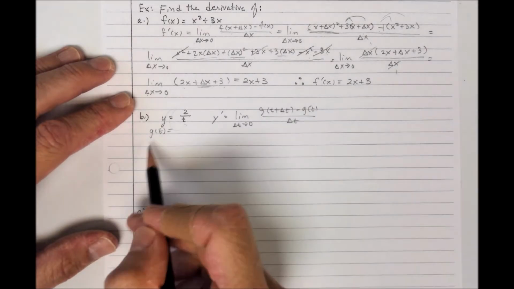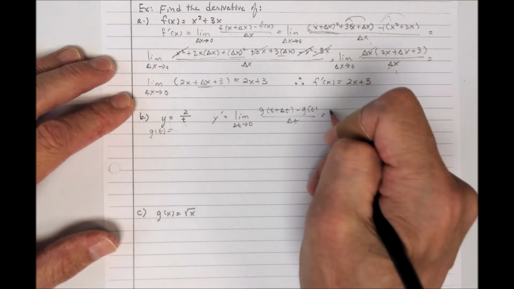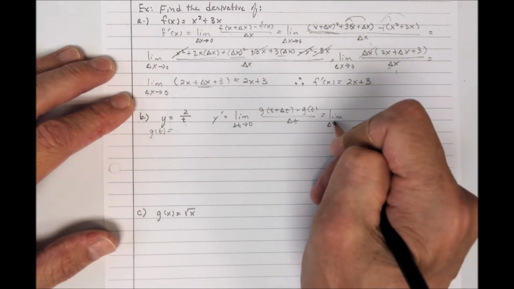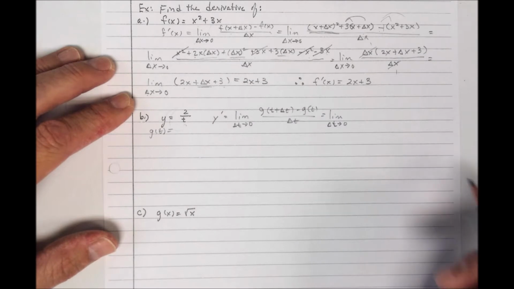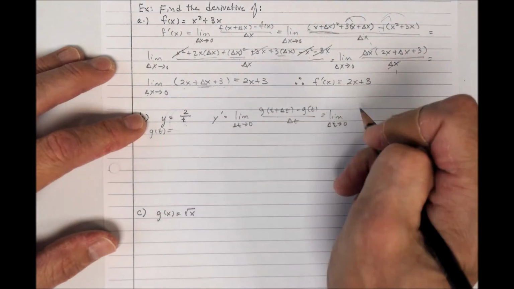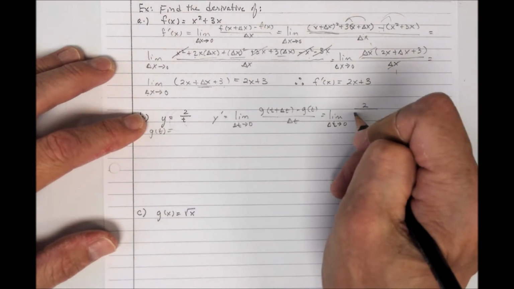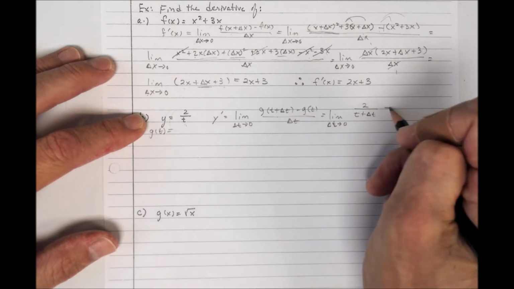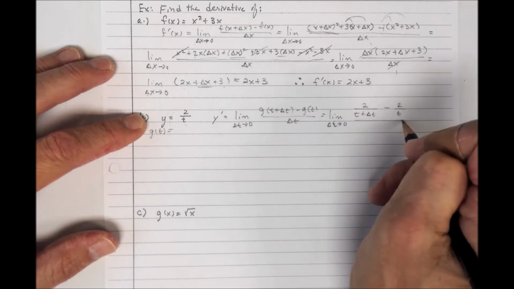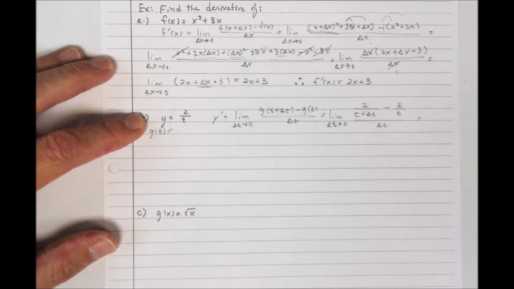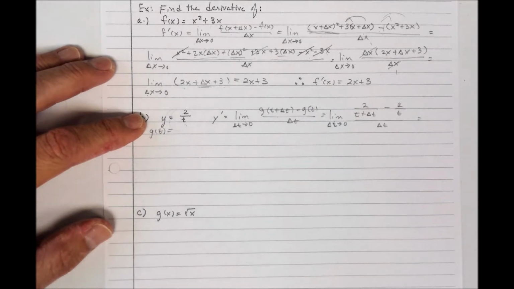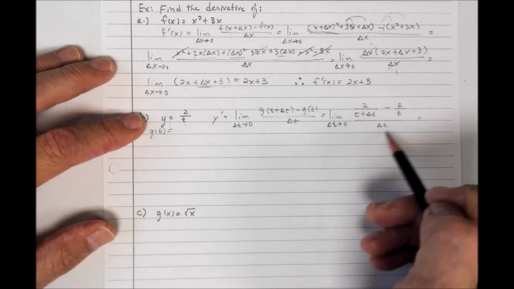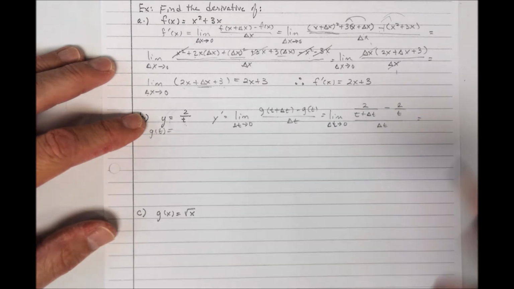So just to keep the notation straight here, this is the limit as delta t goes to 0 of 2 all over t plus delta t minus 2 over t all over delta t. Now, you have a complex rational expression. You have fractions in the numerator. I'm going to multiply the numerator and the denominator of this expression by the least common denominator to get rid of those.